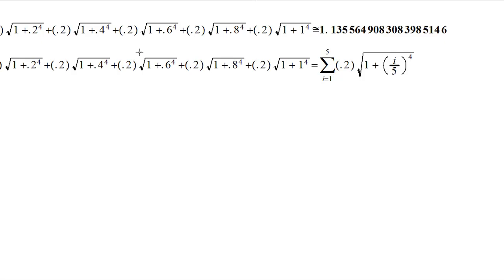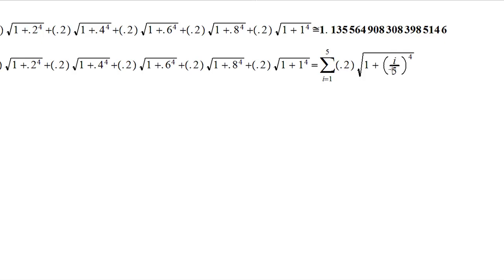So here we have a sum of these 5 terms, and you can see everywhere the width is 0.2, which I'm going to take as 1 over 5, 1 being the width of the interval over which we are finding the area. So you can see right here, I have 1 times 0.2 to the 4, here I have 2 times 0.2 to the 4, 3 times, etc.